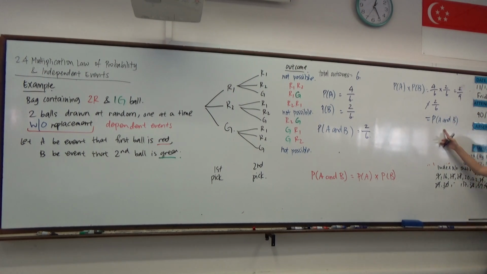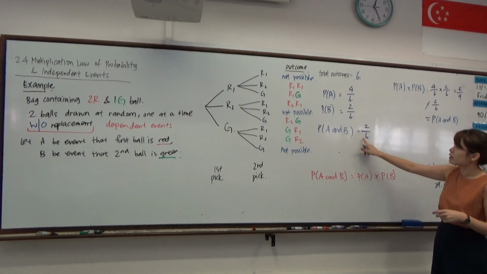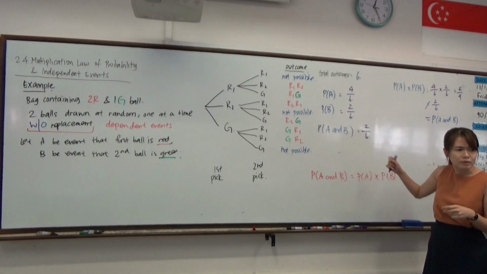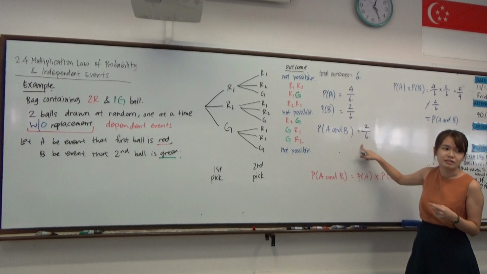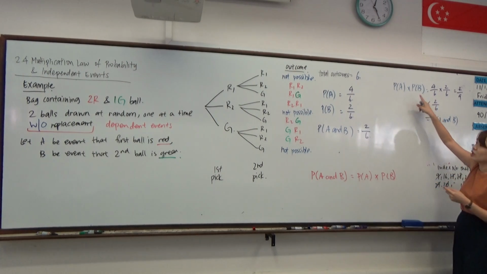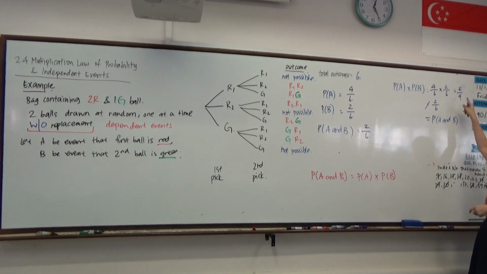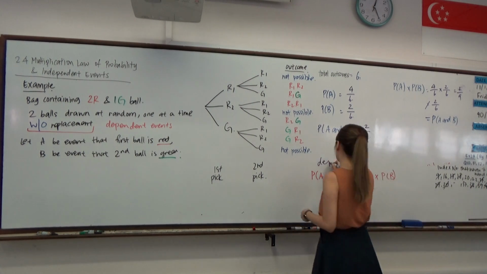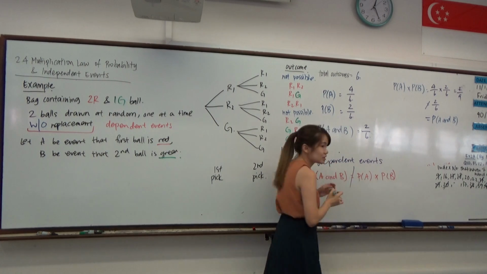So it is not equal to the probability of A and B. This is individual counting. Then I'm trying to multiply them together, and I show that multiplying together gives me 2 over 9. It is not equal to 2 out of 6. So therefore, for dependent events, this theory doesn't work. Okay?